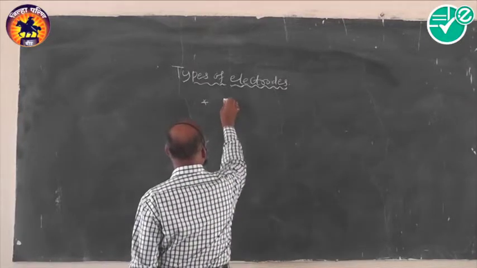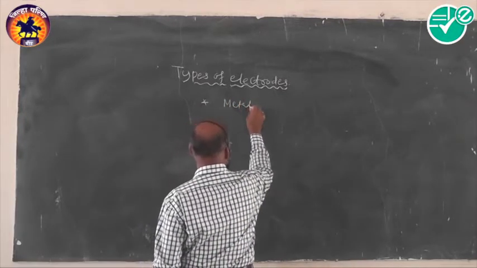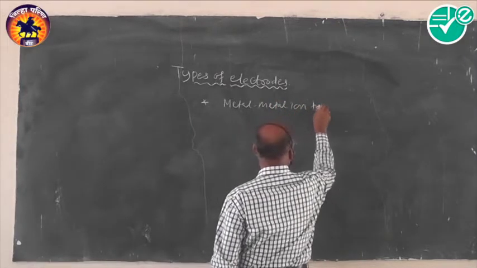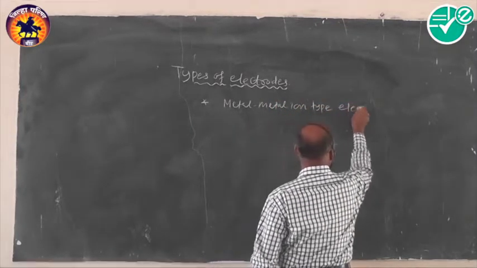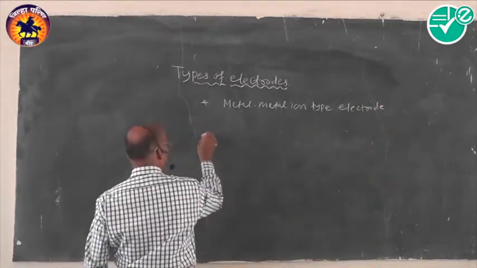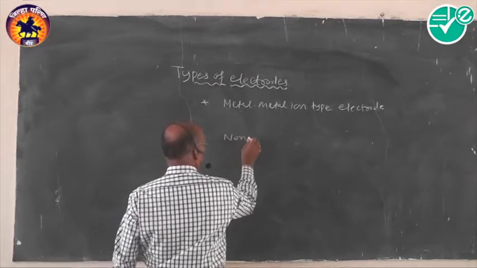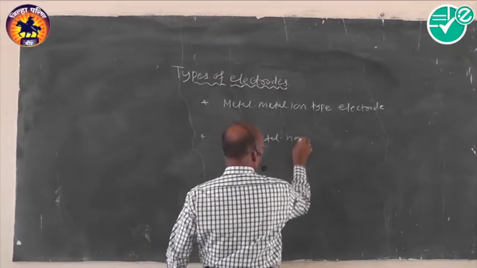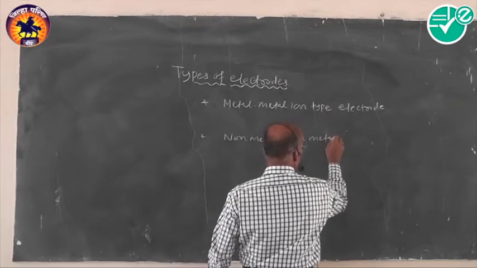First one is the metal ion type electrode. Then the second one is the non-metal ion type of electrode.